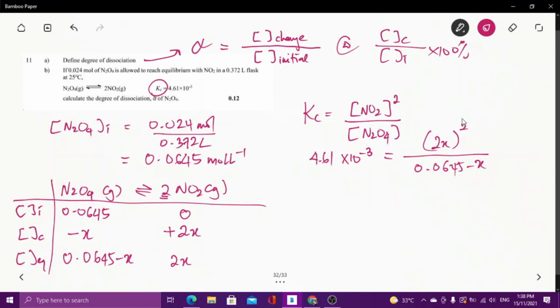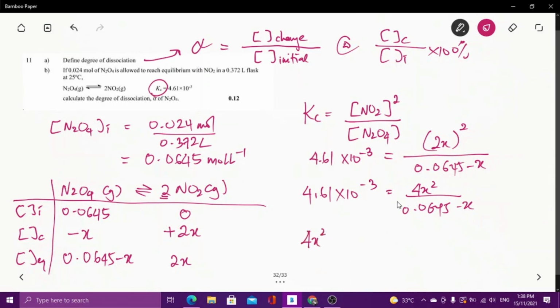Anda akan dapat in terms of quadratic equation, di mana anda akan dapat kat sini 4x square bahagi dengan 0.0645 minus x, sama dengan 4.61 times 10 to the power of negative 3. Okay. So gunakan teknik yang anda tahu menggunakan kalkulator untuk dapatkan the value of x. Tak perlulah kita nak buat discriminant semua tu, tak perlu. Just anda perlu arrange balik semula.